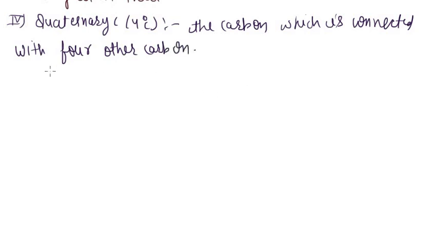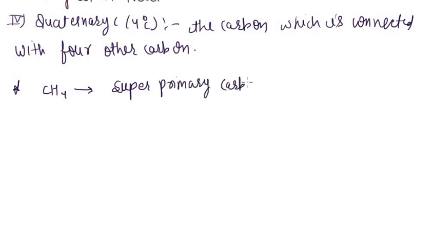Like if we took a very important example, CH4, it is not connected with a single carbon, but still it is called a primary carbon, and it's a special category of carbon which is known as super primary carbon. It is not still the primary carbon according to the definition.